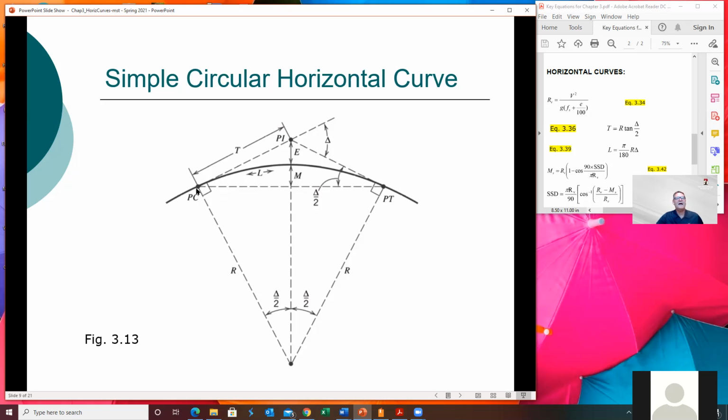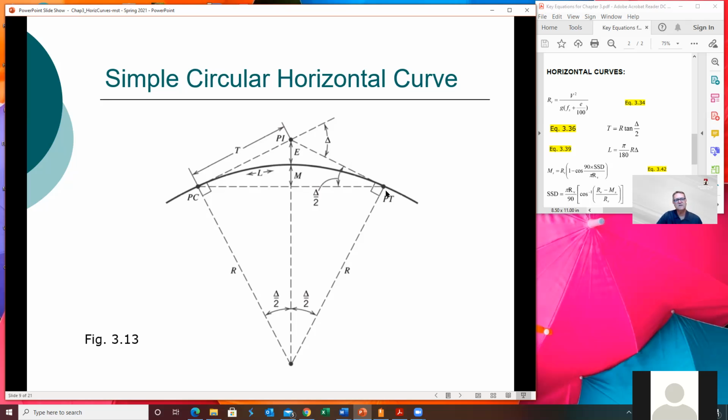But if you add the tangent length again over here, that will not give you the station of the PT. The station of the PT is determined by the length of the curve, not by running the stations up to the PI and then running them again from the PI.